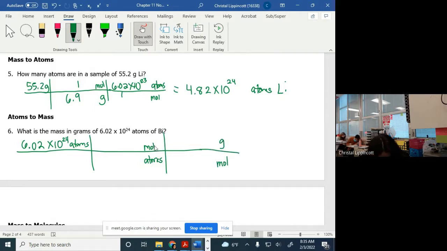All right, bismuth is 209. All right, how'd you do on that one?